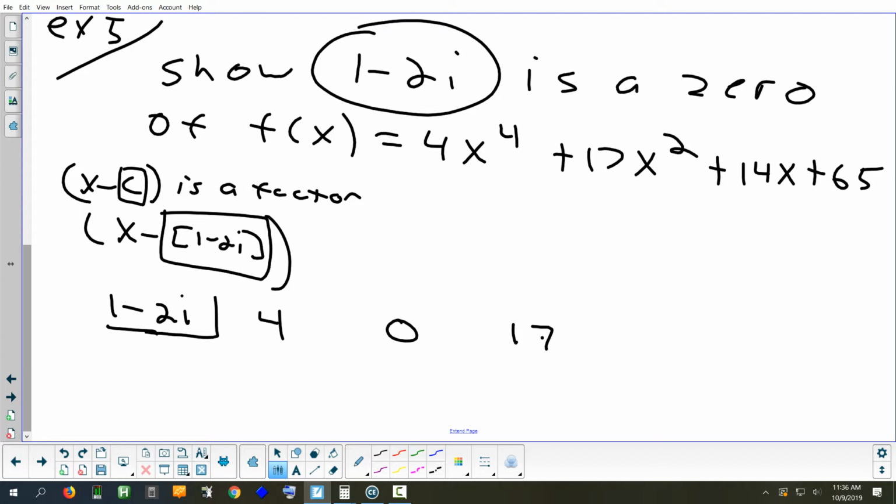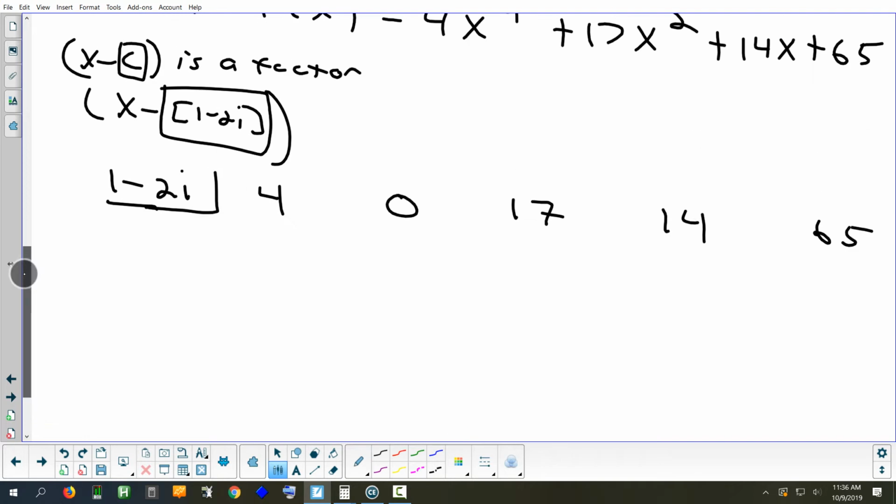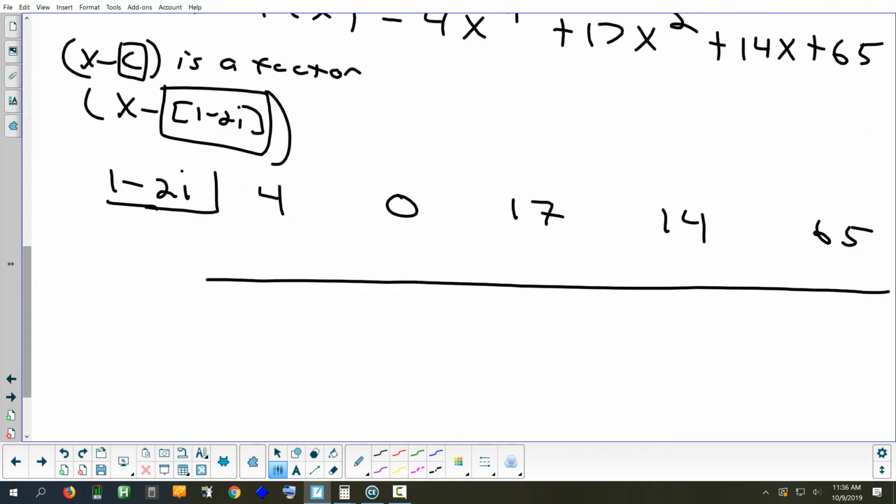Now it's a distributive property. It's 4 minus 8i times 1 minus 2i. I'm going to do that off to the side so I can keep this clean looking. So we got 1 minus 2i times 4 minus 8i. All right, 1 times 4? 1 times negative 8i?